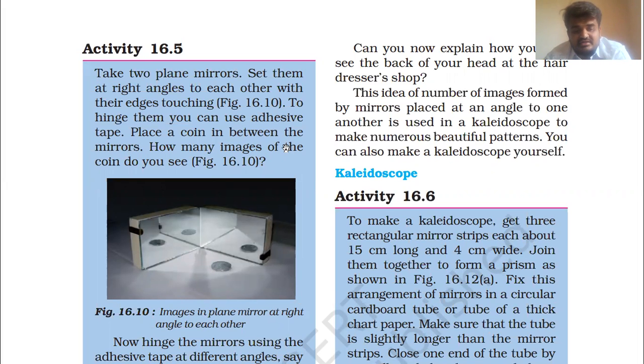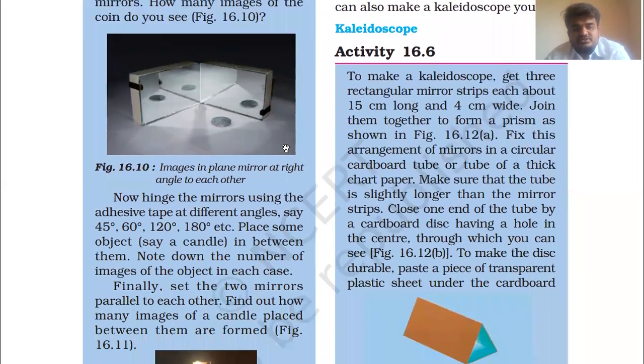Now hinge the mirrors using the adhesive tape at different angles. This angle must be 90 degrees; from the figure we can decide that this angle is approximately 90 degrees. But here you are asked to arrange the mirrors at different angles, like 45 degrees, 60, 120 degrees, and 180 degrees.